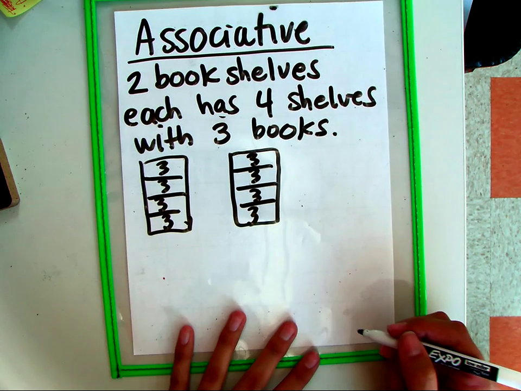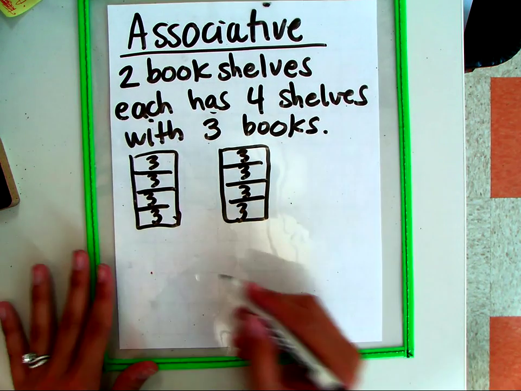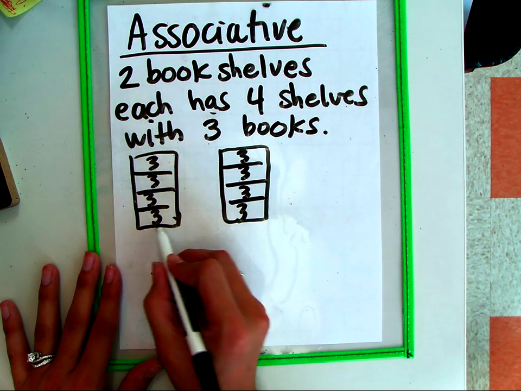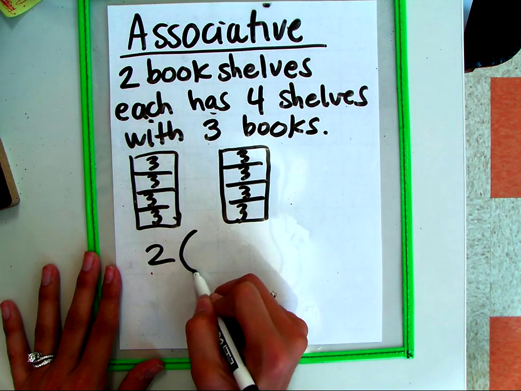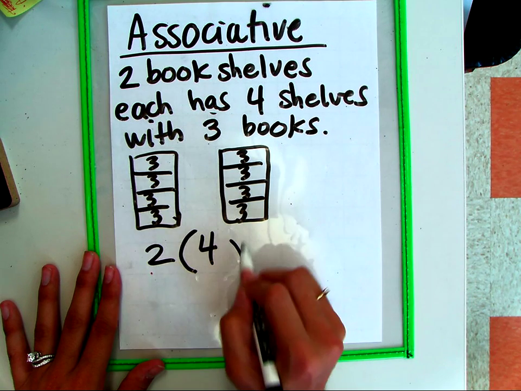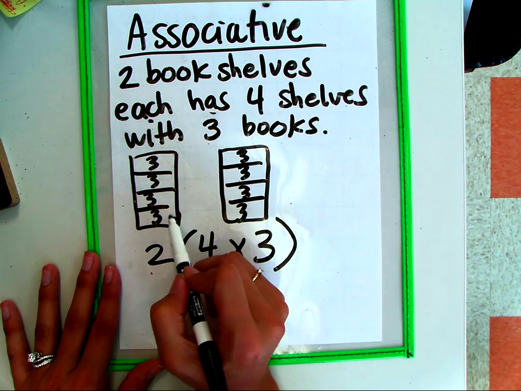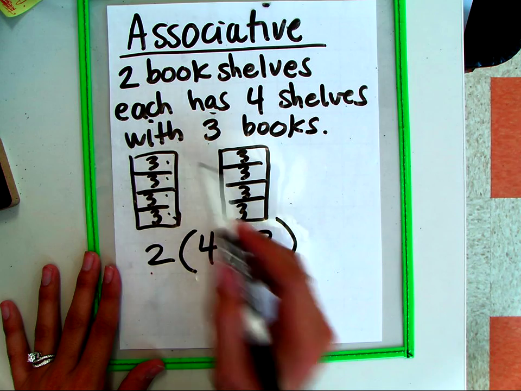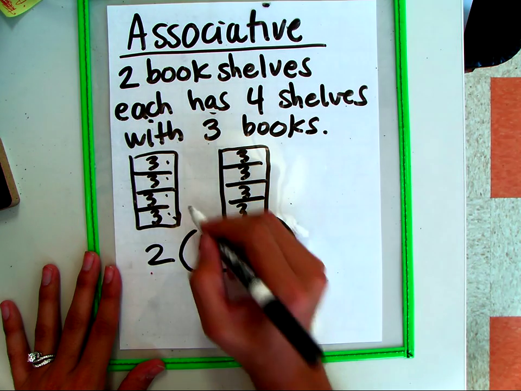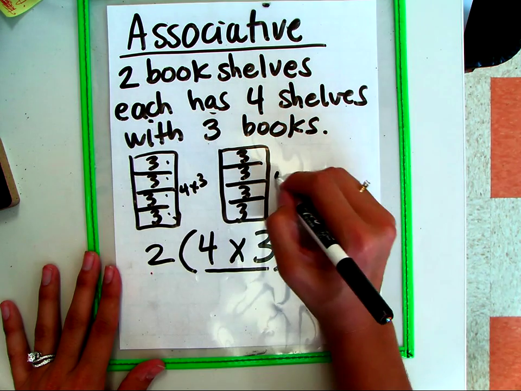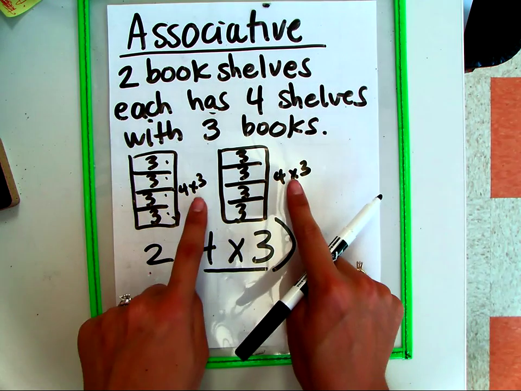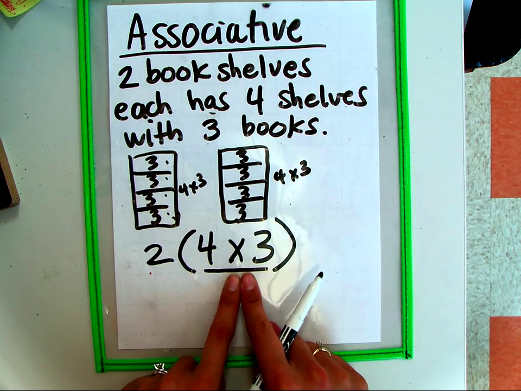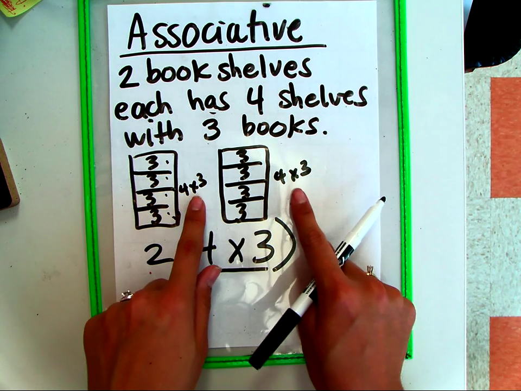So if I want to put that into a number sentence, I have 2 groups of 4 times 3. This is 1, 2, 3, 4 groups of 3. That's where this comes in. So this is 4 times 3, and this is 4 times 3. I'm putting that inside of parentheses, and then I'm multiplying that by 2 because there are 2 of them.